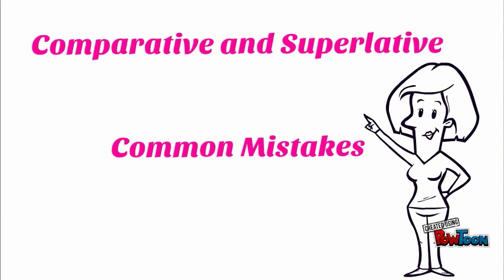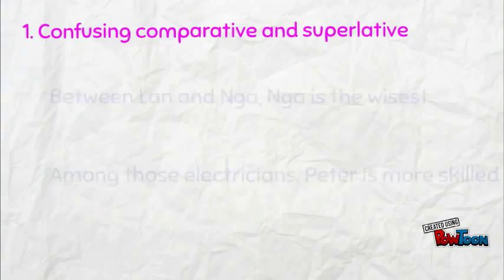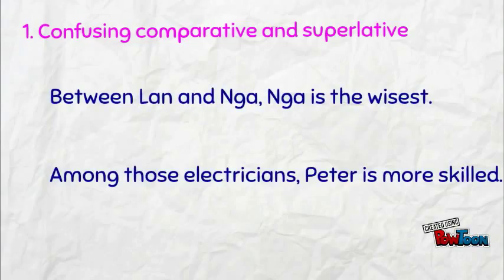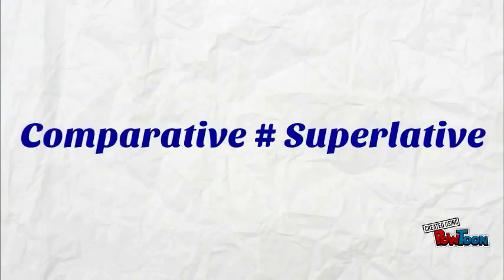However, not all English learners can use them accurately. That's why we decided to talk about the most common mistakes you may make with comparatives and superlatives. First of all, people often confuse comparatives with superlatives like this: between Lon and Nga is the wisest, or among those electricians, Peter is more skilled.